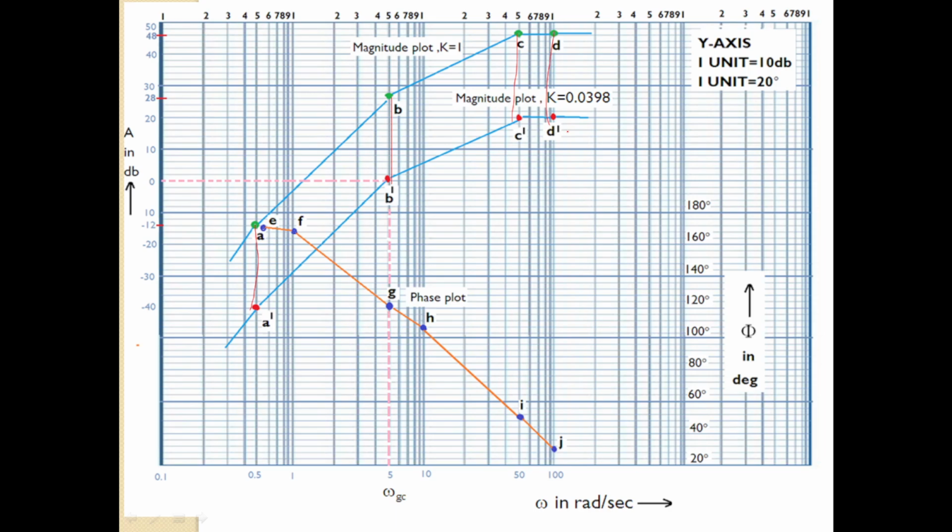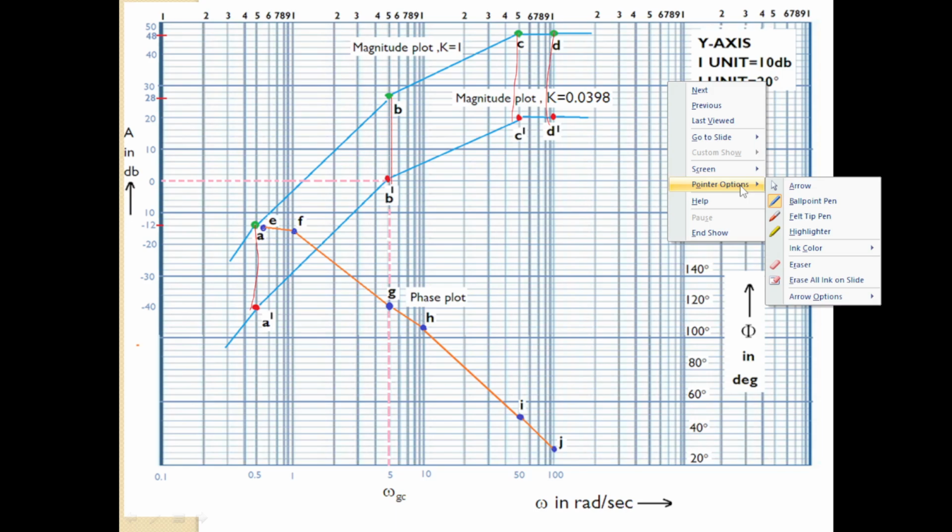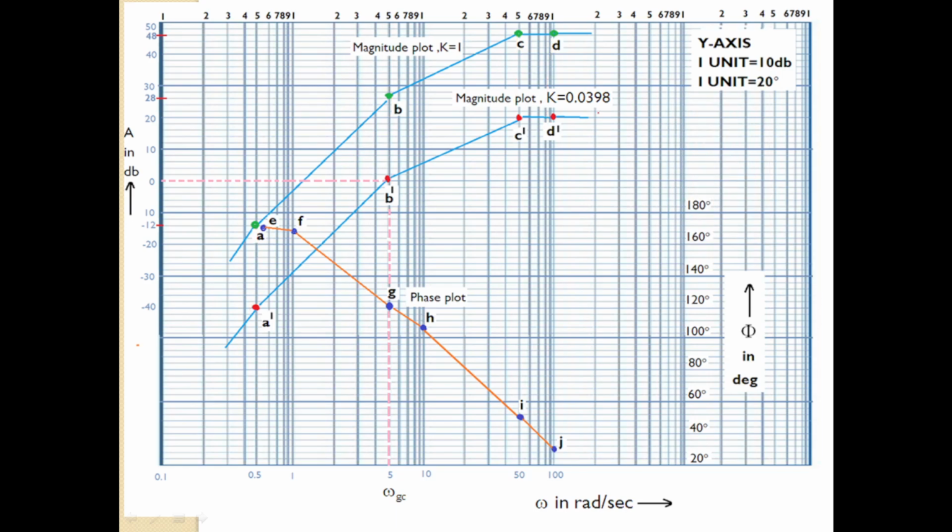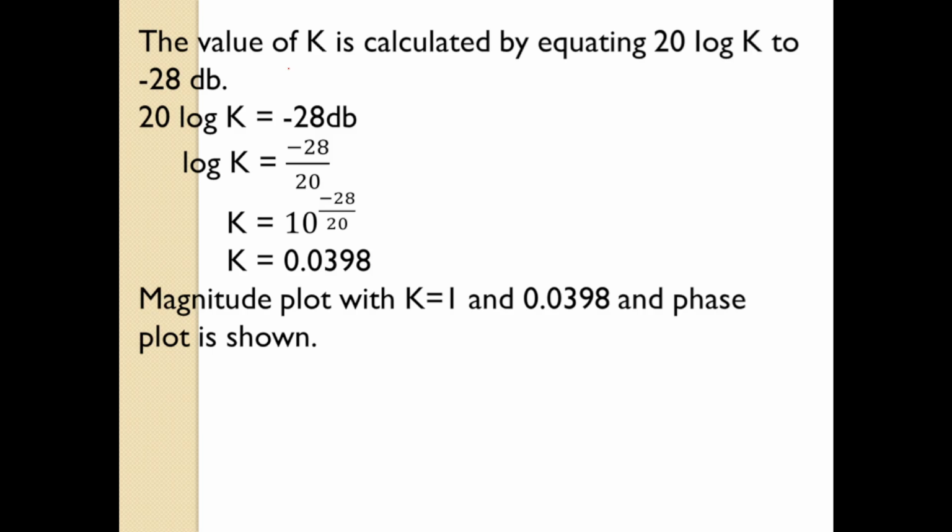We don't know the K value yet. We still have to determine the K value. Now let us determine the K value. To determine the K value, the formula is 20 log K should be equal to minus 28.